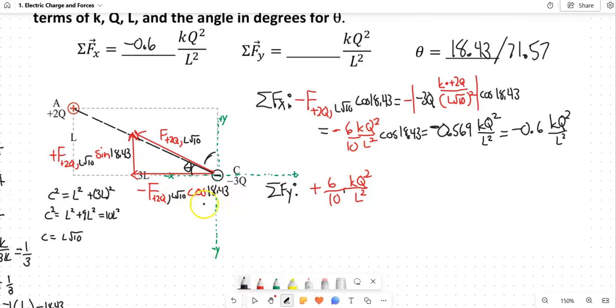And instead of cosine of 18.43, it's going to be sine of 18.43. So I don't want you to go through all of this again for the y direction. You've already done it, so just go right to it. So the hypotenuse is this part, which is here. You just got to be careful about this vector is pointing up, not down. And then now we could go ahead and just put this right in.